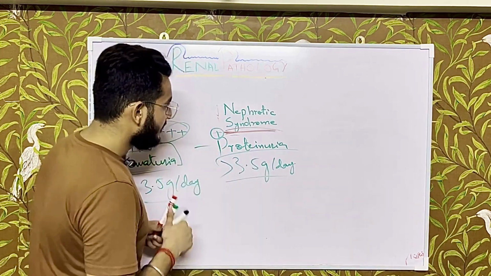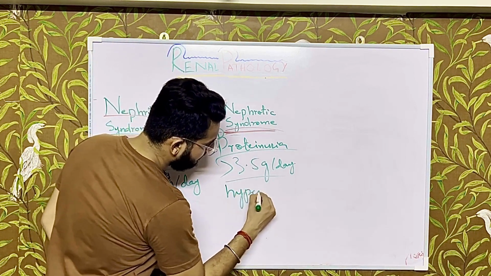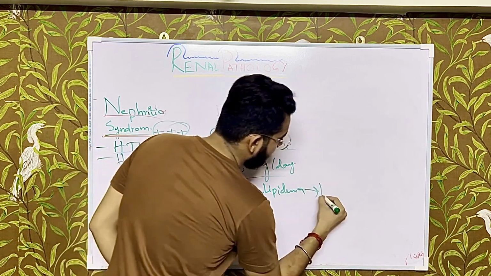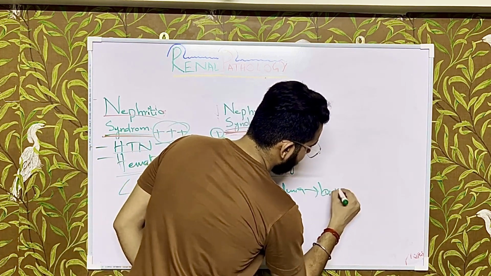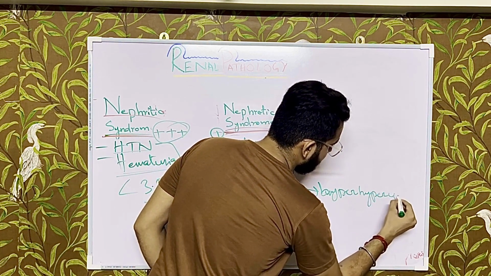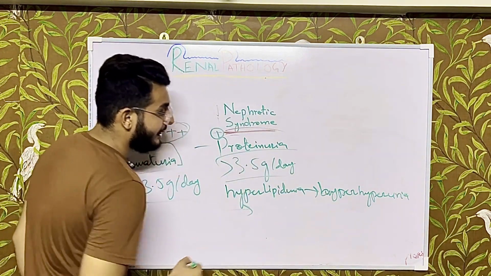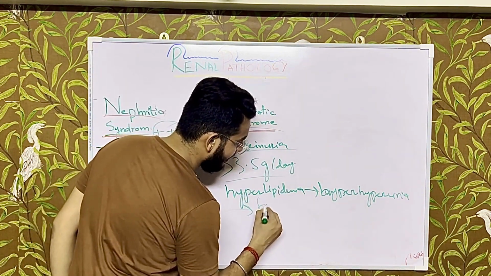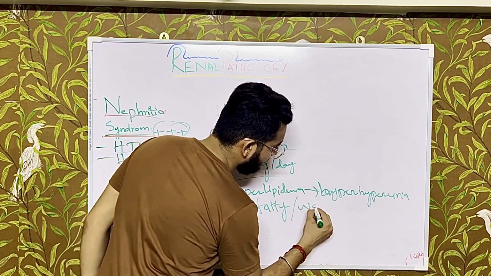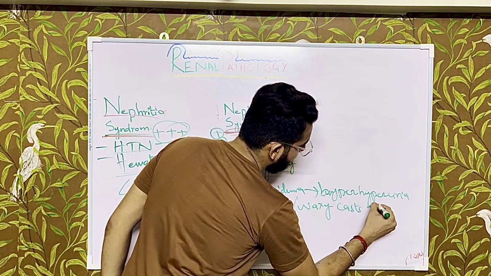So hyperlipidemia causes hyperlipiduria, and due to this hyperlipiduria, fatty or waxy casts are formed in the urine.